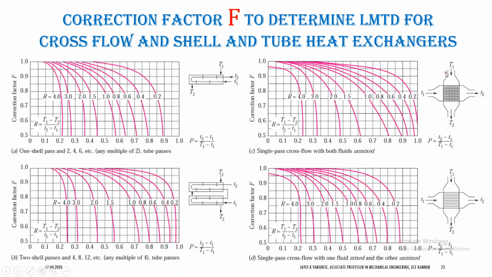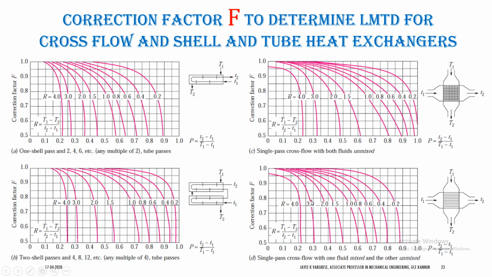So capital T1 and T2, small t1 and t2. We can use these charts and the schematic diagram given alongside to find the parameters P and R and get the value of the correction factor for LMTD.